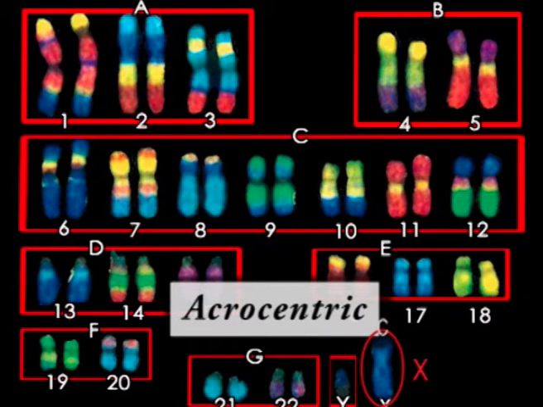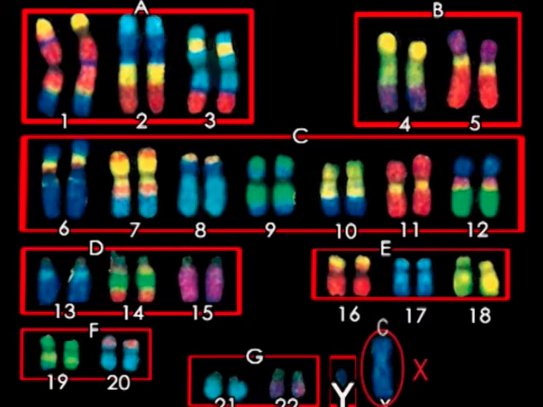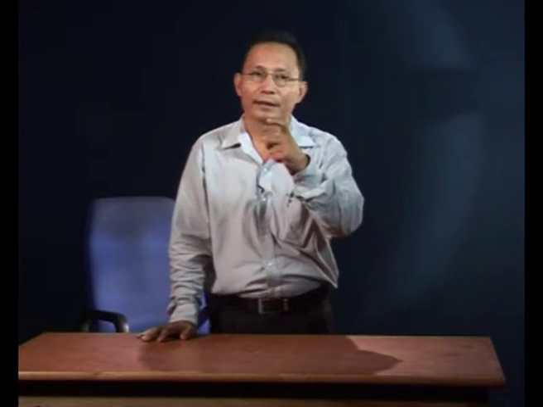However, in case of Y, there is no satellite. So these are different groups of chromosomes of the human body. When we talk of chromosome complement, we mean these 7 different groups, which are basically the normal human chromosome complement.